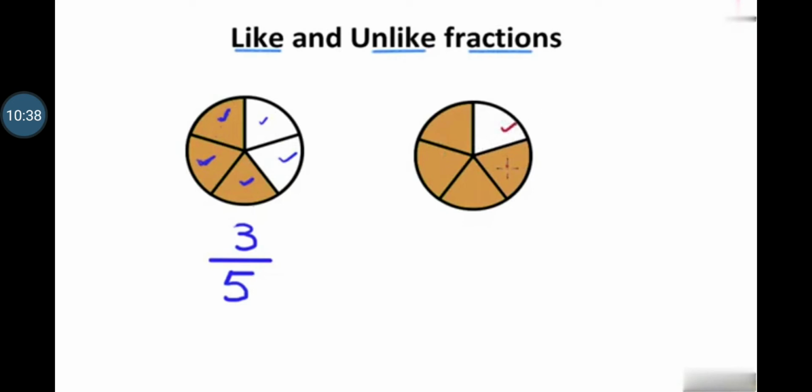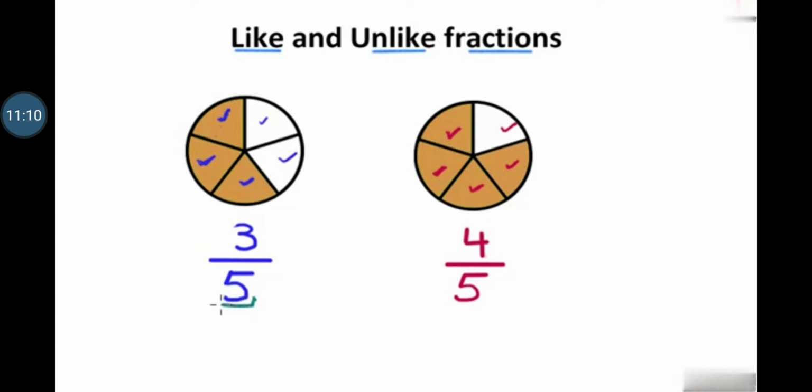Now look at the other picture. How many total parts does it have? Yes, it has 5 equal parts. So in the denominator we write 5 because it has a total of 5 parts. And you can see that 4 parts are colored. So 4 will be the numerator.